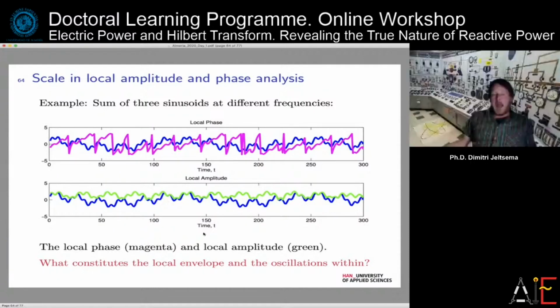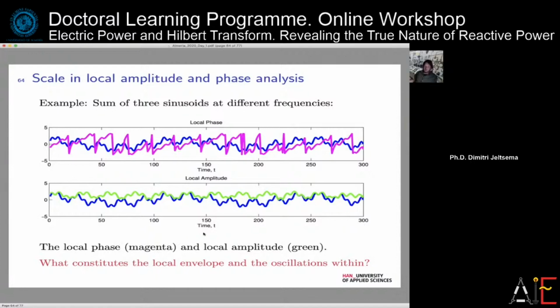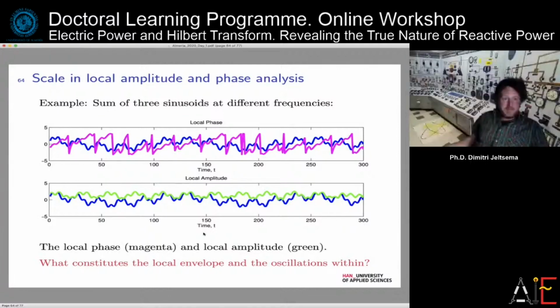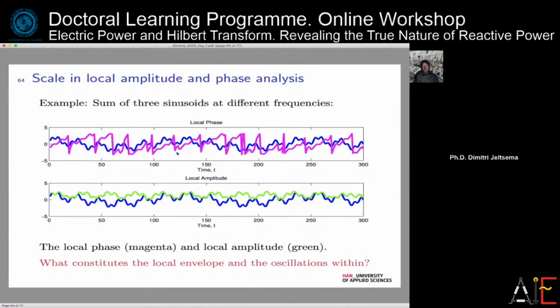Well, you tell me. I don't recognize any amplitude in this. Also in the local phase, well, that's of course a little bit harder to digest, but I cannot make any sense out of this. I cannot see any relations with the nice amplitude modulated signal I presented before as an example where it does work, right?